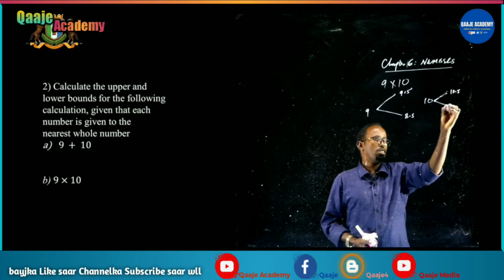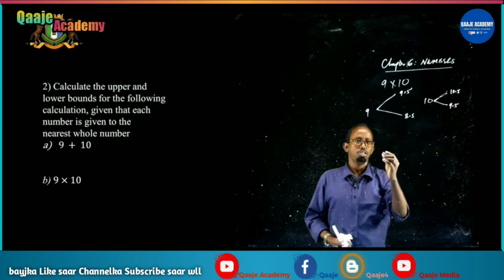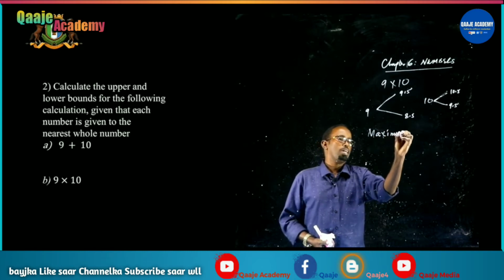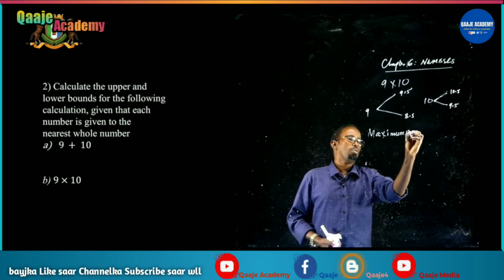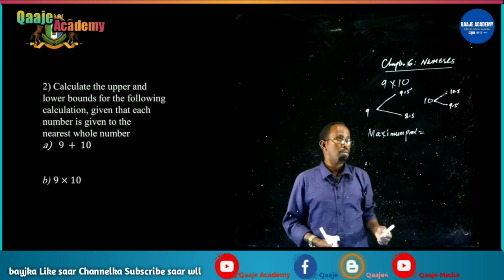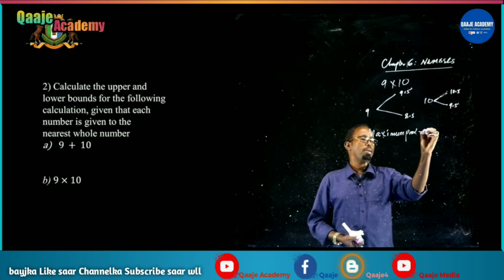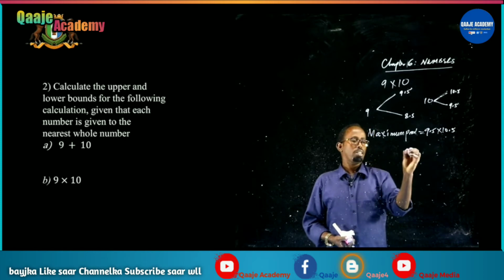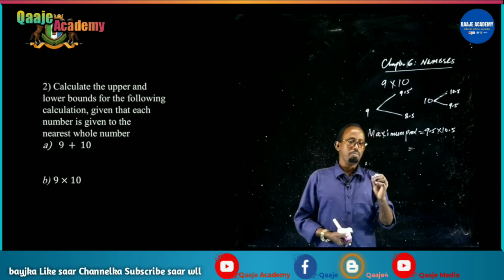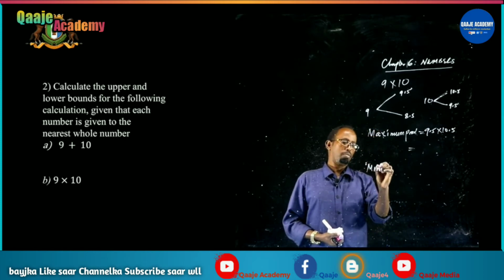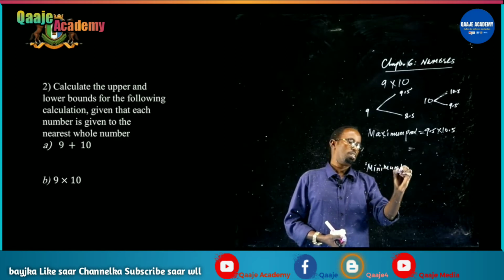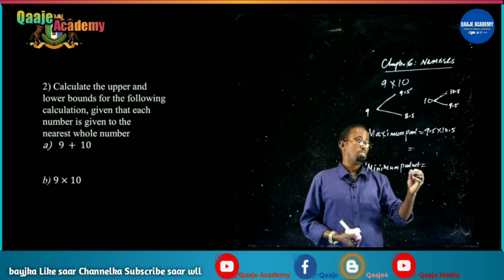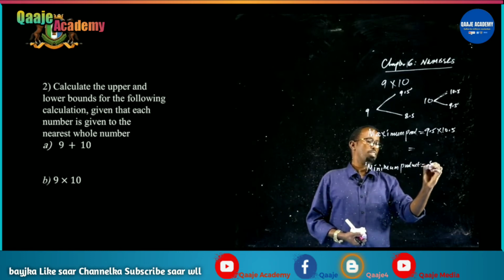So maximum product, we are told to calculate the maximum. So maximum product will be equal to the multiplication of the upper bounds. So 9.5 times 10.5. And then minimum product will be equal to the lower limits, 8.5 multiplied by 9.5.